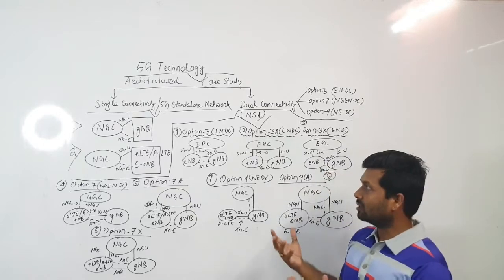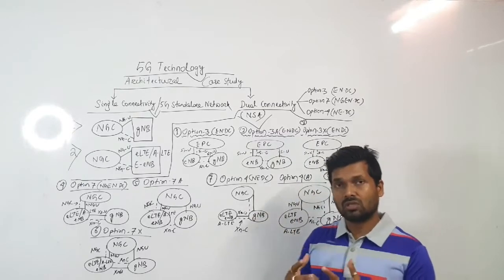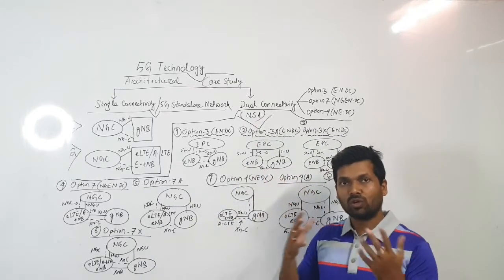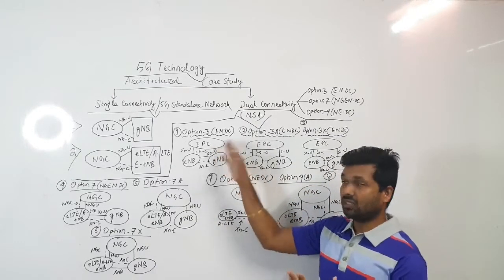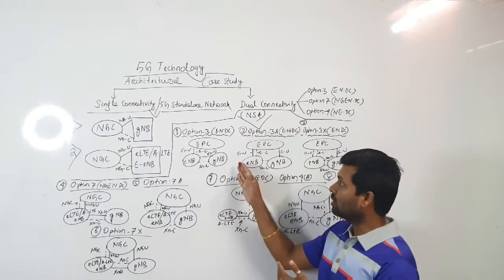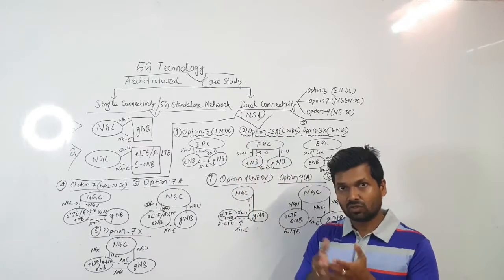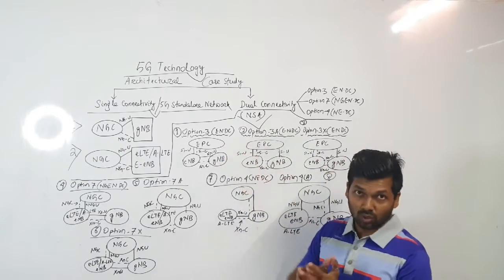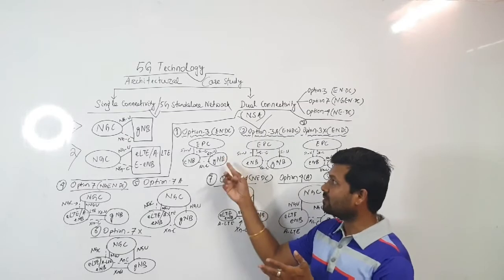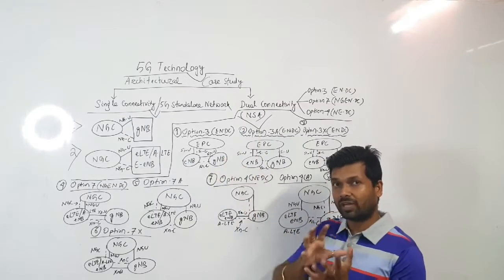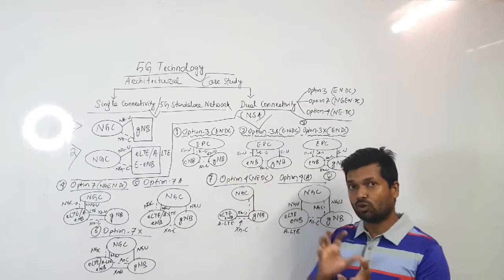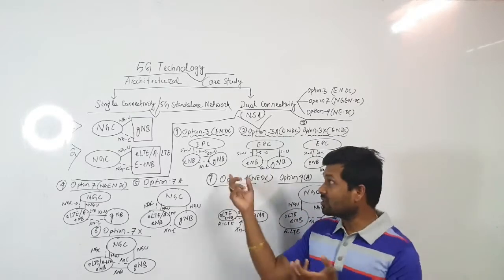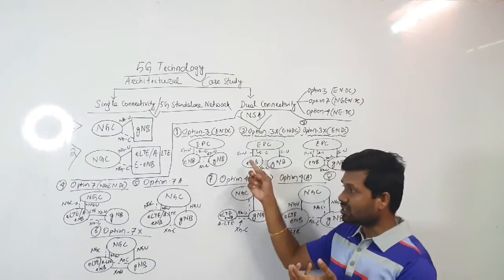So obviously those telco operators having the LTE network now are using the evolved packet core. So option 3 is recommended for the people who are already having a 4G network and they have the 4G core or the evolved packet core, EPC. They can migrate to 5G slowly by adding G Node B as an additional node, or the 5G radio node as an additional node. So they can start from this.